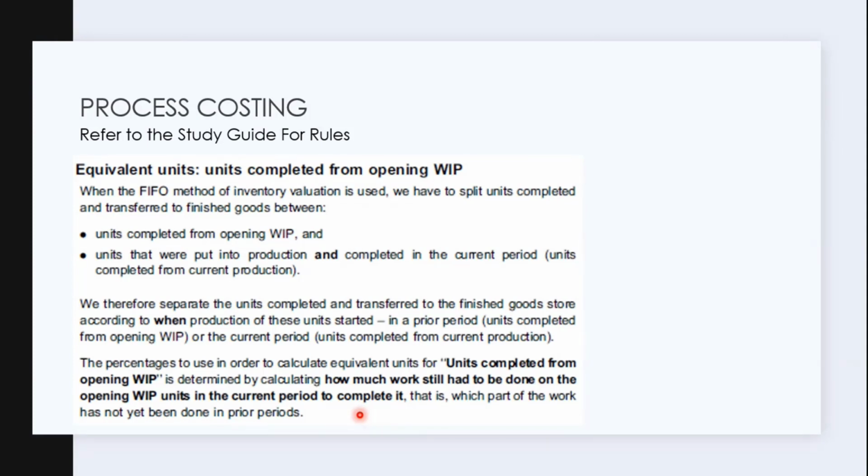So it's literally the work that was incomplete in the previous period but is going to be completed within this period. So it's that 25%. Do you see? Very important.